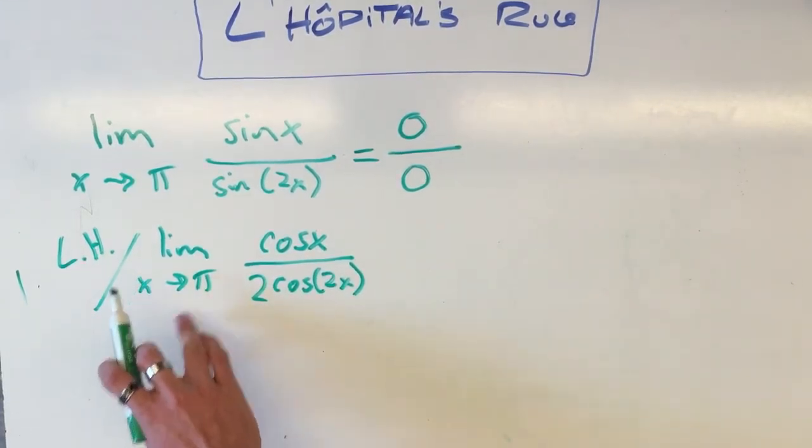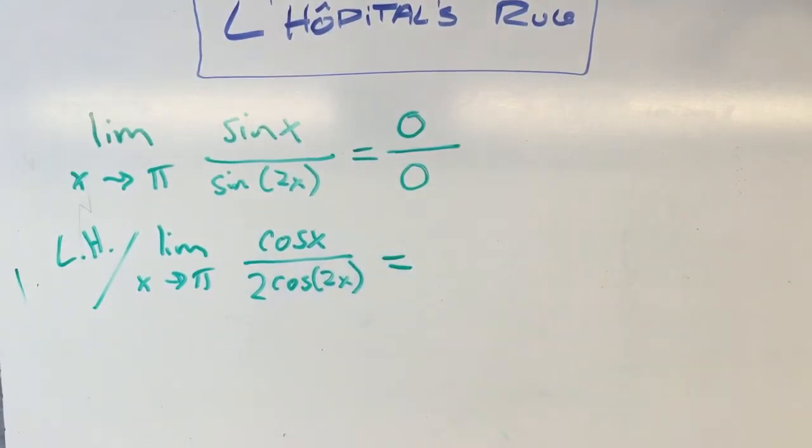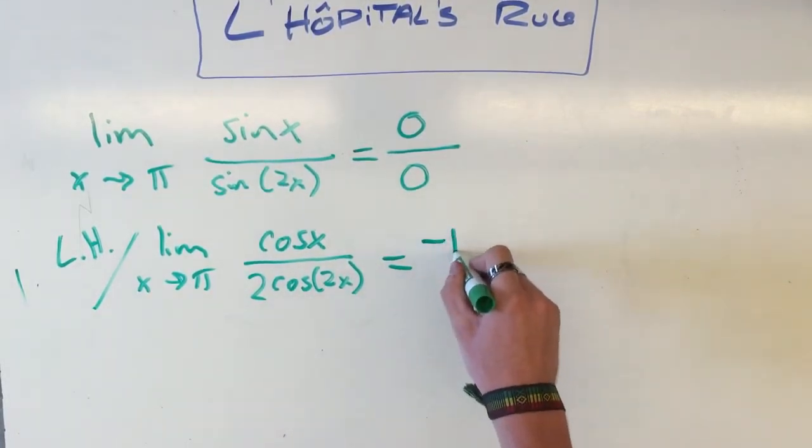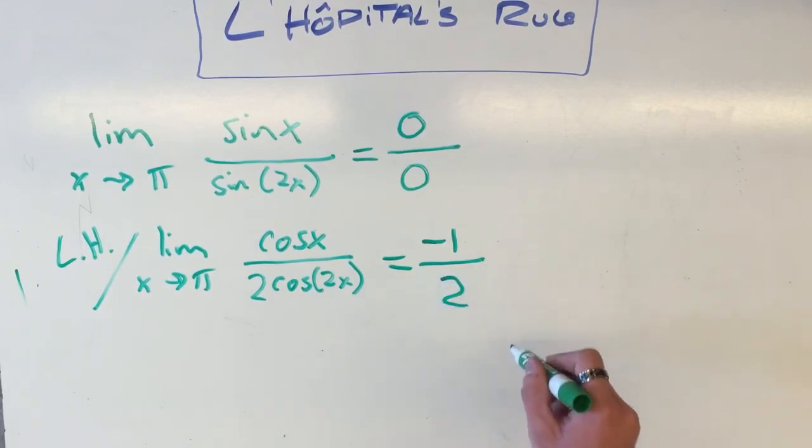Once you plug in pi here, the top, cosine of pi, is going to equal -1. Cosine of 2 pi is going to equal 1, and chain rule, multiply by 2. That's going to equal 2. -1/2 is your final answer.